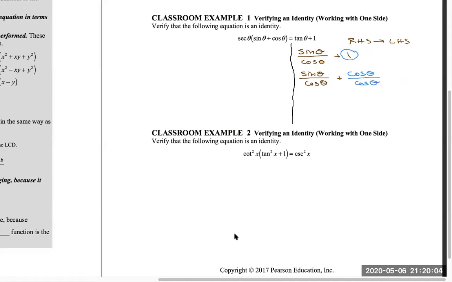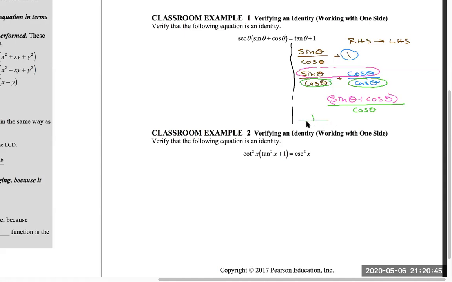The reason we did that, now on the top here, when we combine our fractions, we're going to have sine theta plus cosine theta. And then we can actually distribute out a 1 over cosine theta. Okay. If it helps, let's take it back one step. Let's actually combine the fractions first. Okay, so combining the fractions.